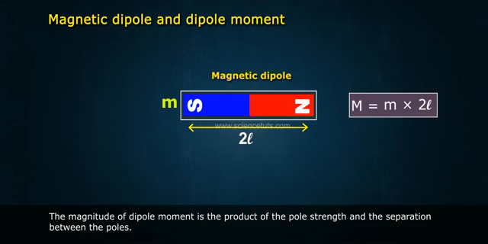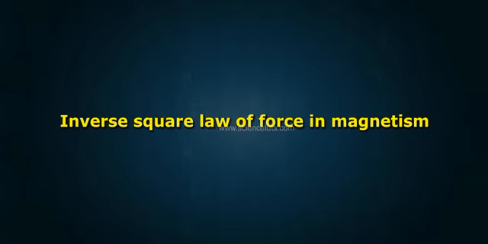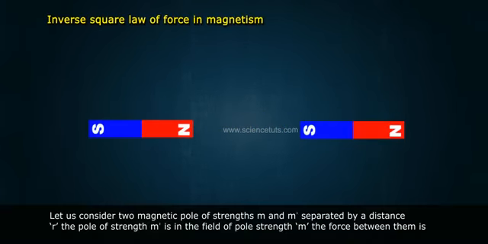M is equal to m into 2l. Inverse square law of force in magnetism. Let us consider two magnetic poles of strengths m and m' separated by a distance r. The pole of strength m' is in the field of pole strength m.